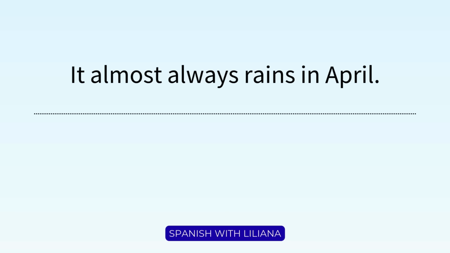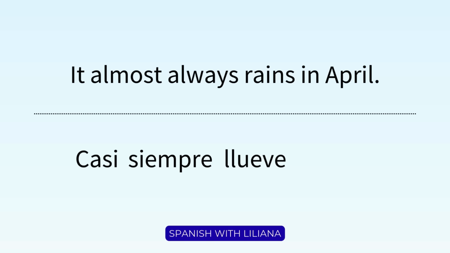It almost always rains in April. How would you translate this into Spanish? So we actually have to start with the adverbs. Casi siempre, almost always. And then rains here becomes llueve.